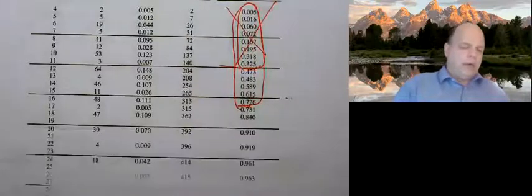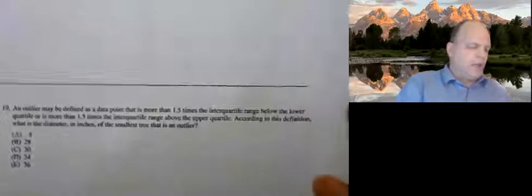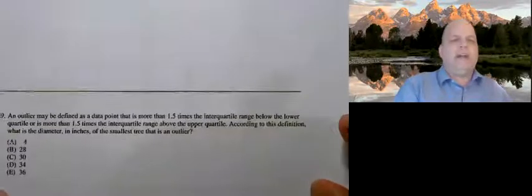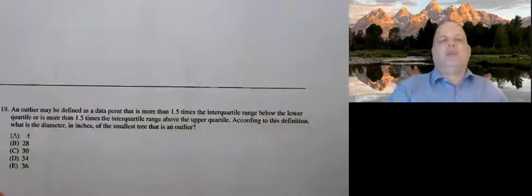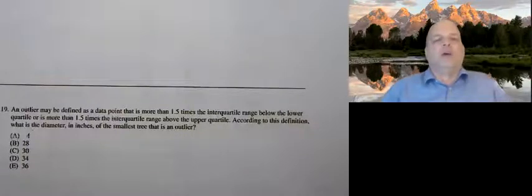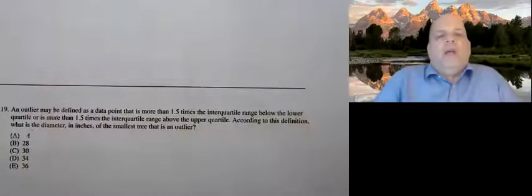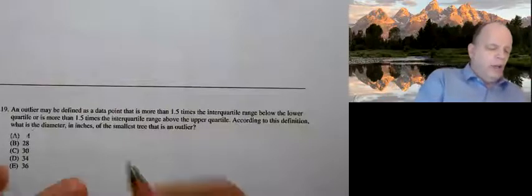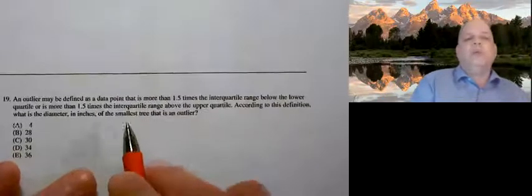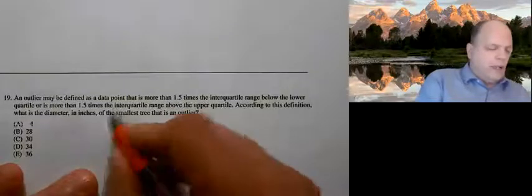Okay, number 19. An outlier may be defined as a data point that is more than 1.5 times the interquartile range below the lower quartile, or more than 1.5 times the interquartile range above the upper quartile. According to this definition, what is the diameter in inches of the smallest tree that is an outlier? First off, we are going to need to calculate our IQR.